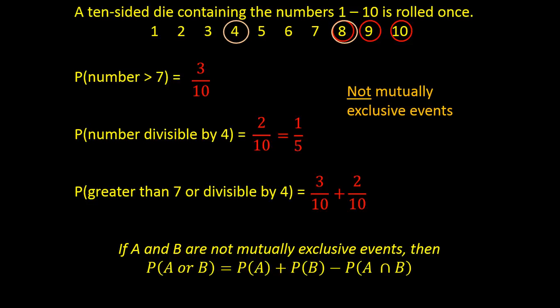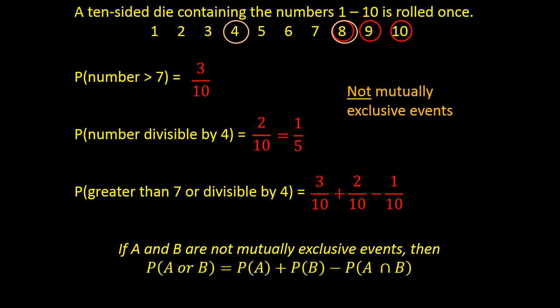In other words, we're subtracting the probability of the element that is in both sets. In this case, the 8 is in the intersection. So the probability that we get that element that's in both events, a number greater than 7 and divisible by 4, is 1/10, because there's one element out of the 10 that's in both sets.